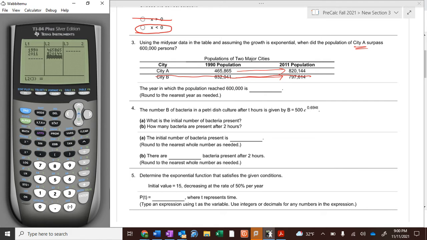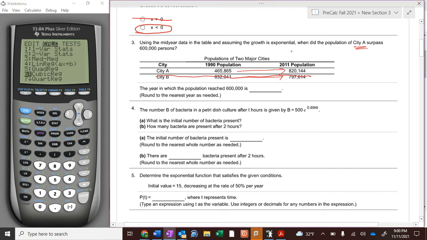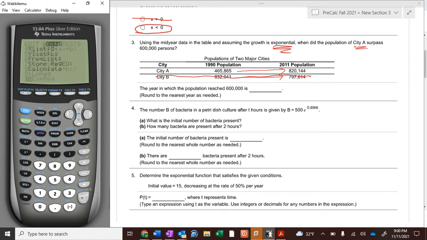Then if we go stat, calc, and we want an exponential function because they say right here it's exponential. So it's an exponential regression. Enter, and then just keep going down, enter, enter, enter, enter. And that's our regression.